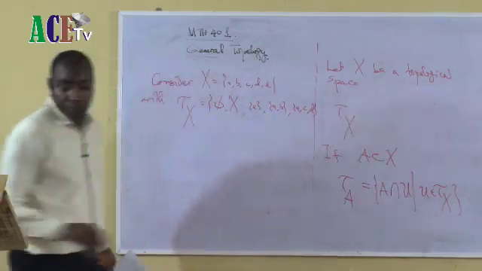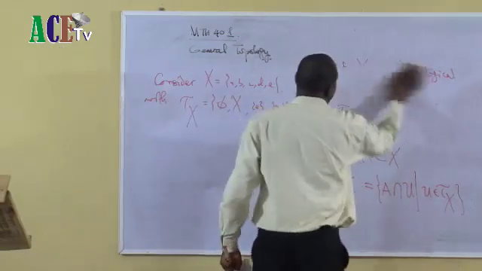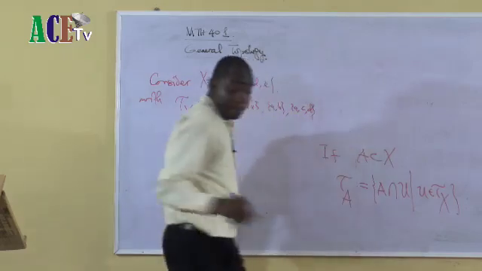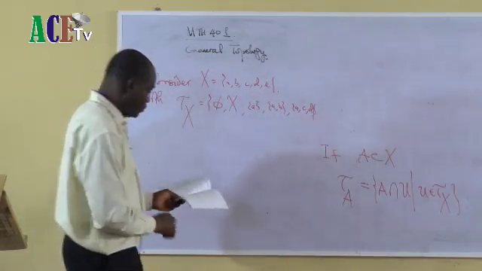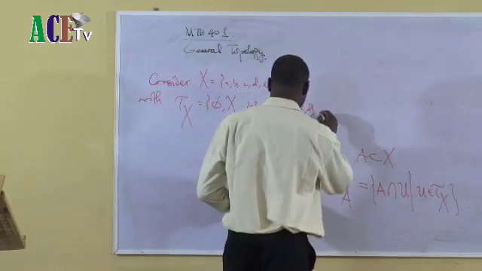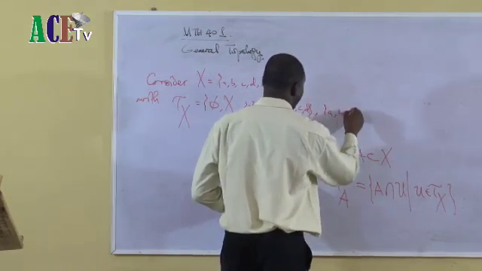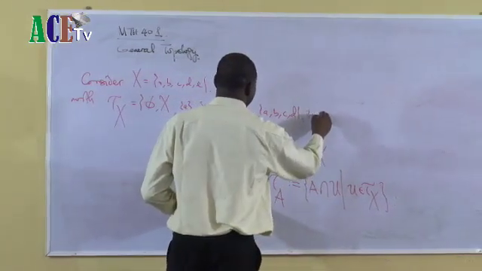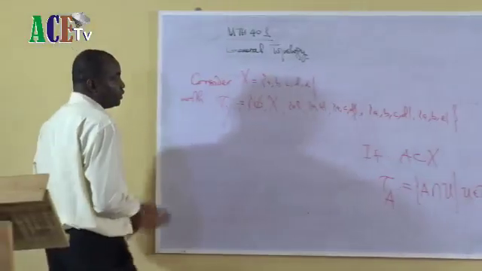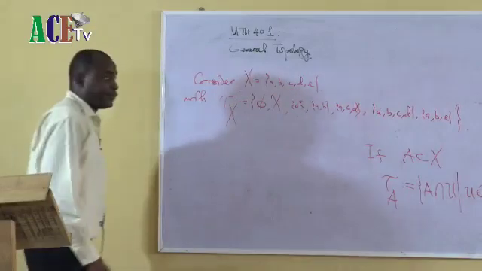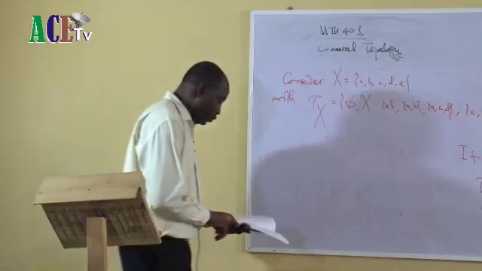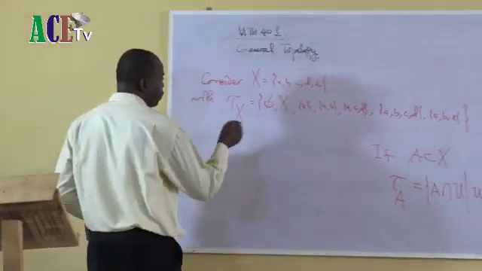Please permit me to rub off this and to continue. Now, so that we have A, B, C, D, and then A, B, E. Okay, so this is a topology on X. Now, we want to obtain a new topology with respect to A.